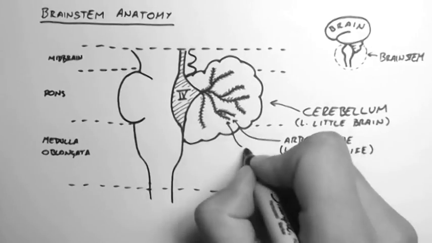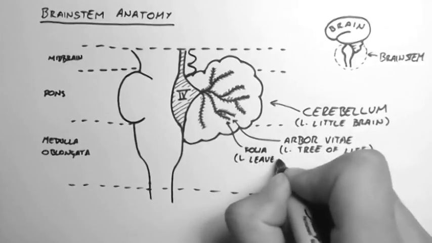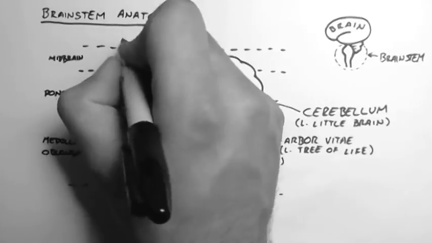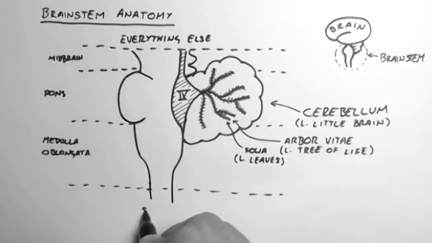And these little projections off it are called folia, and that's Latin for leaves. Up above the brainstem is everything else, and down here is the spinal cord.